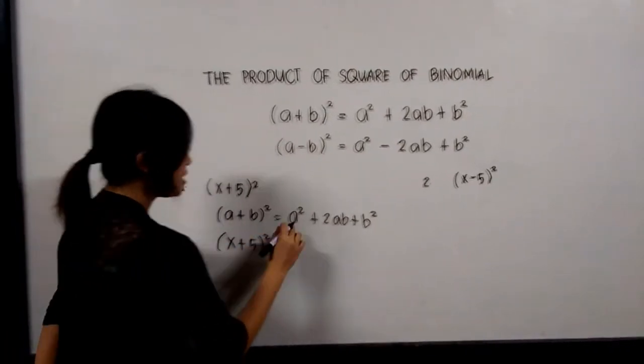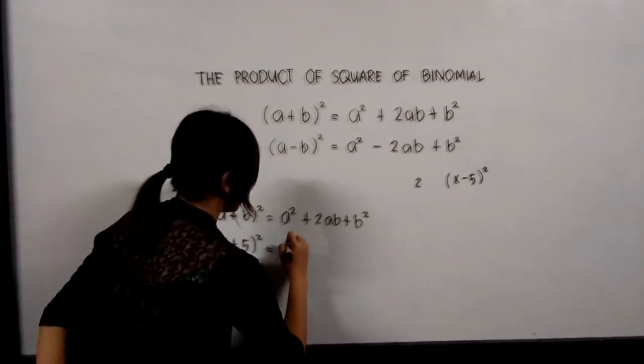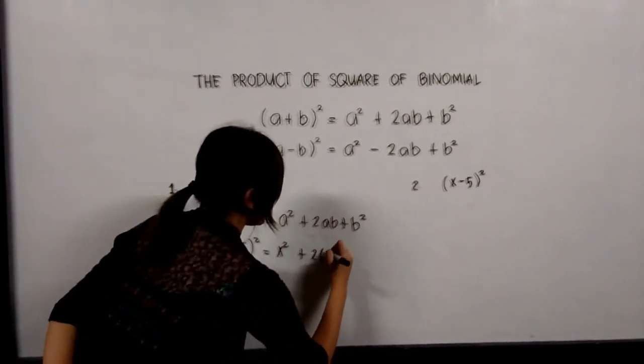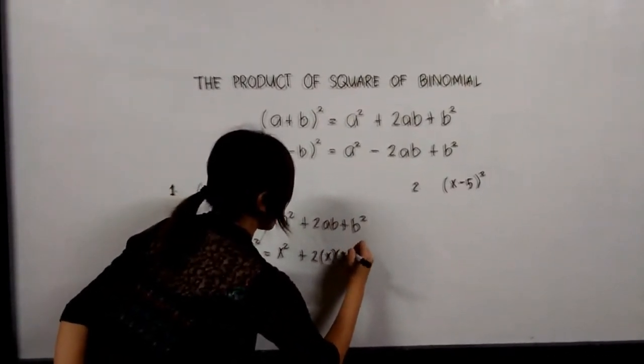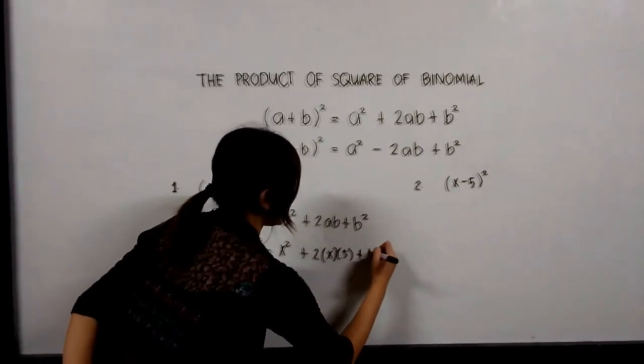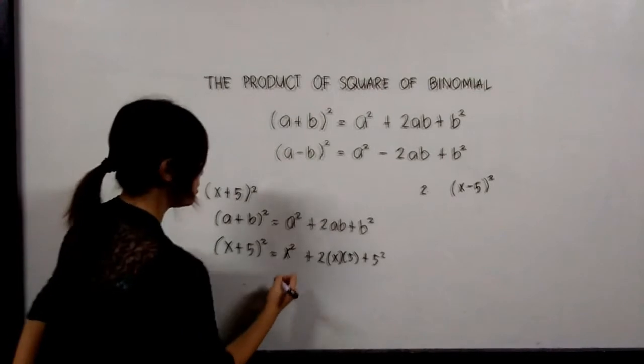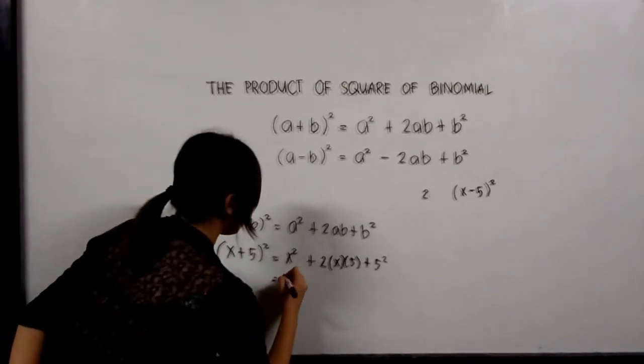So our a there is x, copy the 2, and our a is x and b is 5. B here is also 5. Then copy the square. Then simplify.